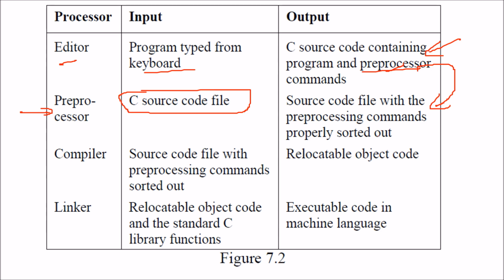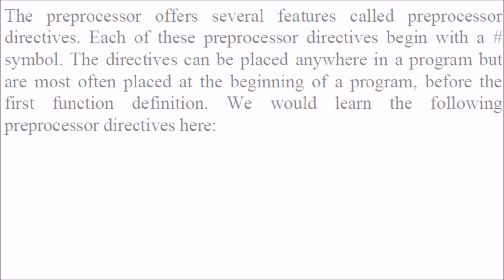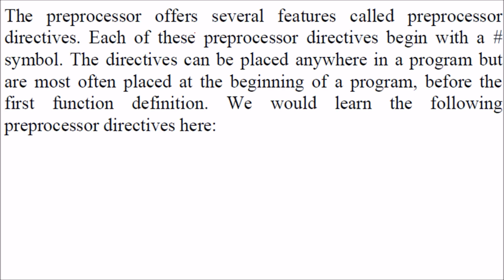Now the compiler works on this expanded version, and it gives you the relocatable object code. And after this, the linker works on your program, and now you get the executable code in machine language. So this is the preprocessor, but how are you going to know what the preprocessor directives are?